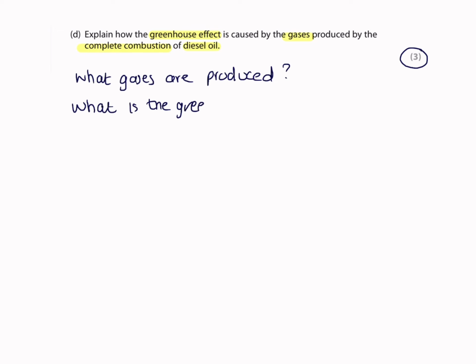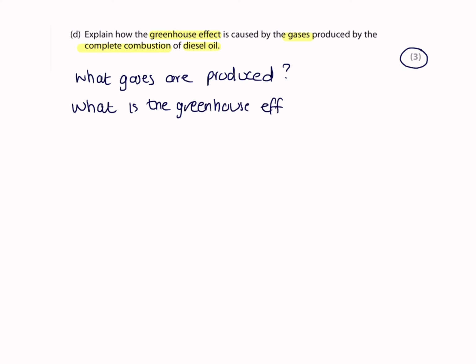Our next question is: explain how the greenhouse effect is caused by gases produced by the complete combustion of diesel oil. It's worth 3 marks, so we're going to need to make 3 points. It's an explain question, so remember with explain, we need to state our point and then explain what's going on.